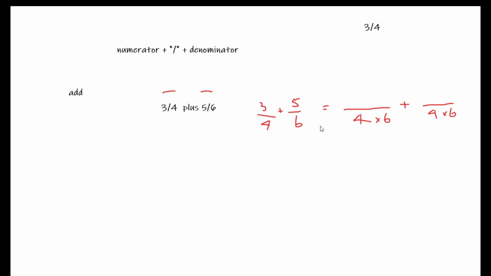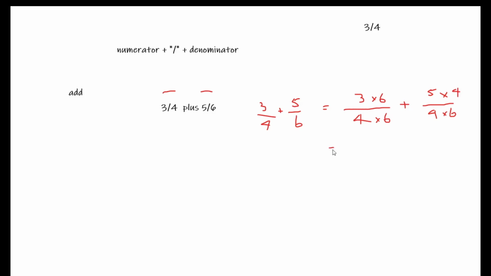Okay, so this 3/4 is 3 times 6 over 4 times 6. I'm multiplying numerator and denominator by 6, and in the other case I'm multiplying numerator and denominator by 4.